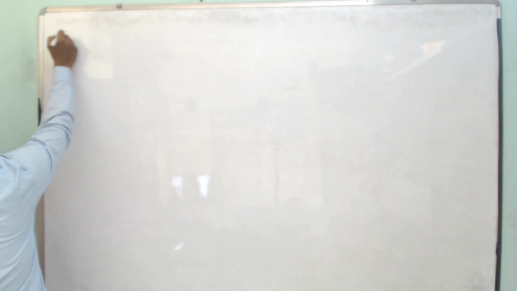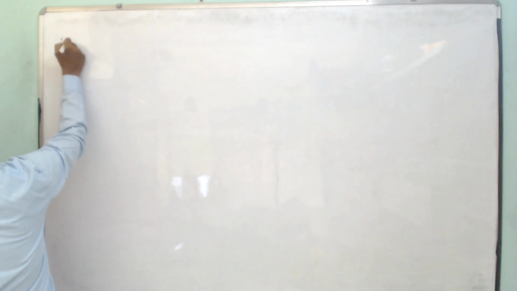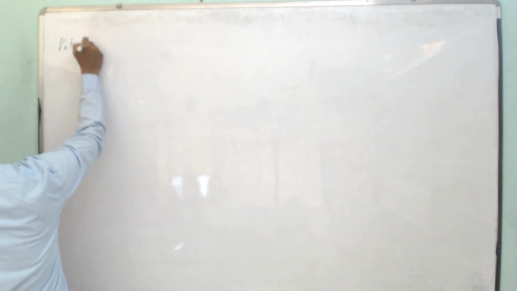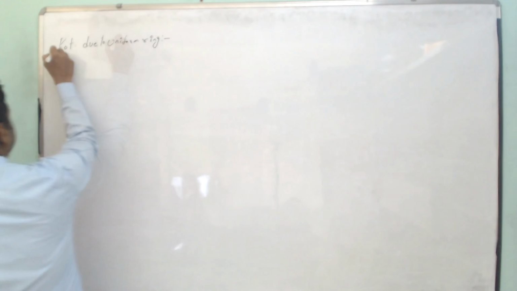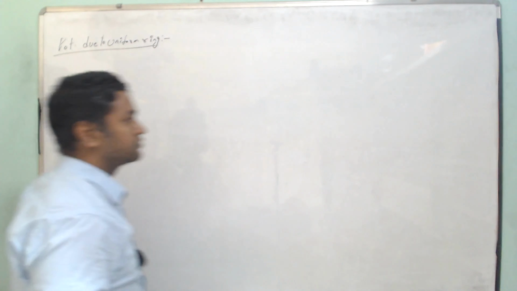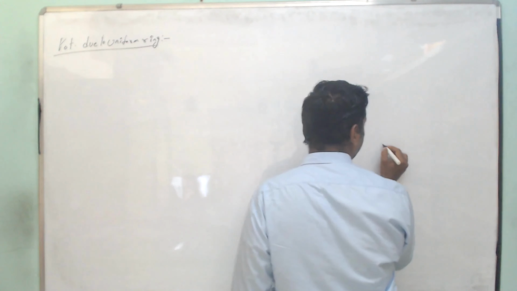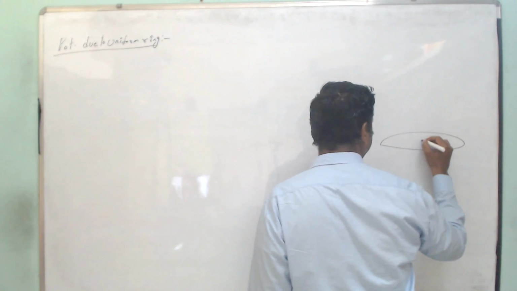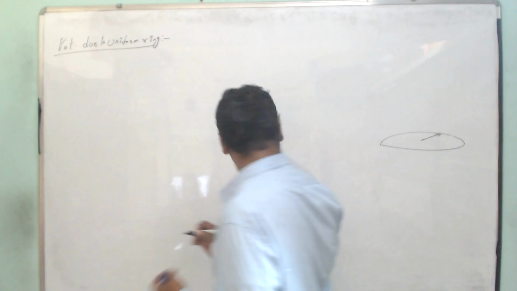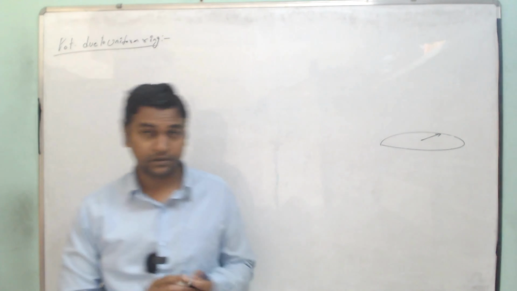So let us start off with electric potential due to a uniform ring. So we have a ring, let us say, of radius capital R. So what should I take my element as?